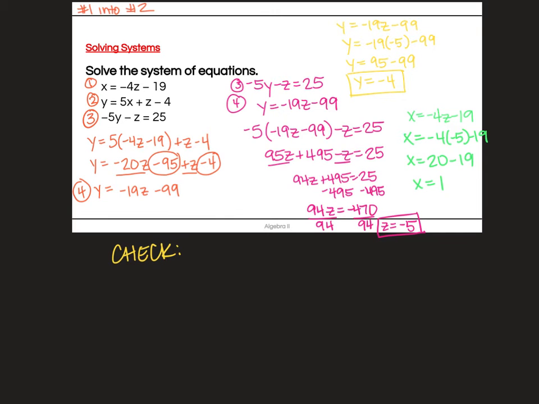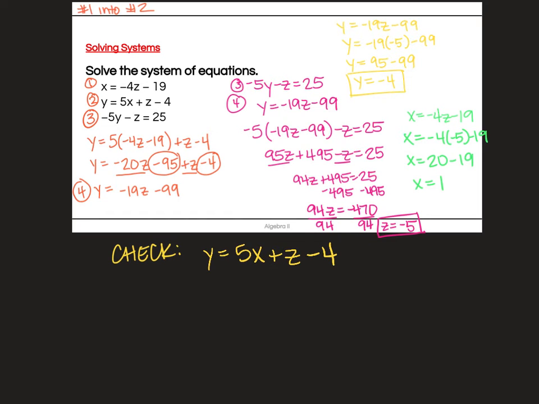Number 2 says y equals 5x plus z minus 4. Another reason we're using number 2 is that of the 3 equations, it's the only one that has all 3 variables. We want to pick one that has all 3 variables because we need to know if all 3 variables work.